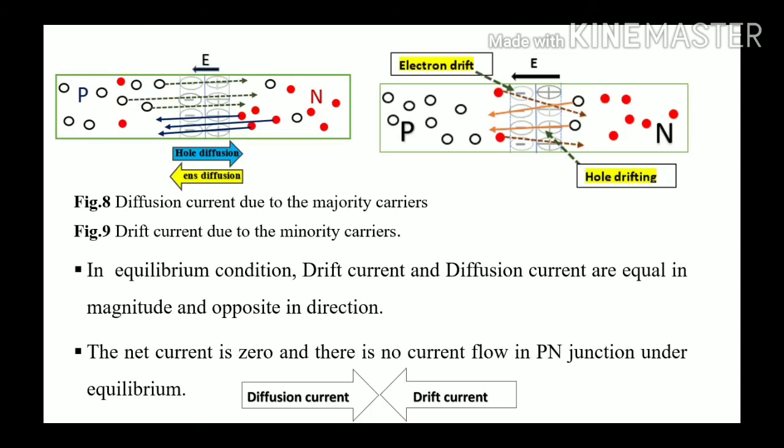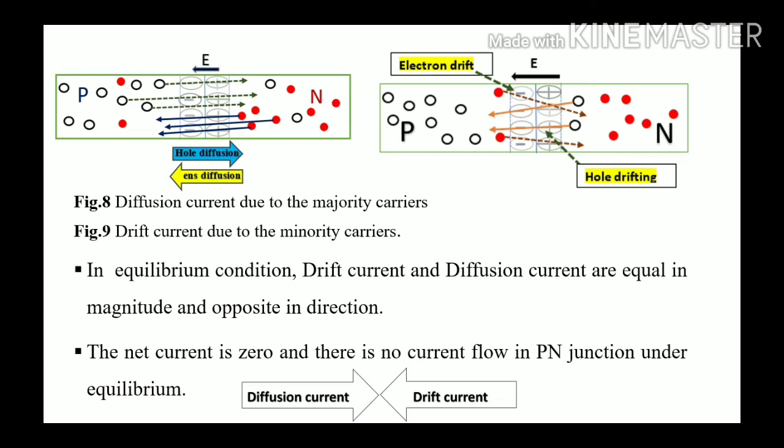We can see the formation of both diffusion and drift current here. In figure 8, the diffusion current is due to the majority carriers, that is, holes diffused from P side to N side and electrons diffused from N side to P side.